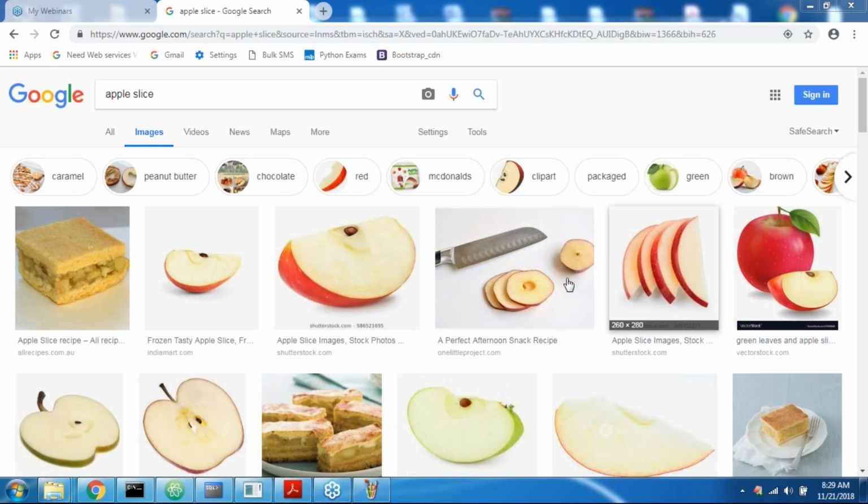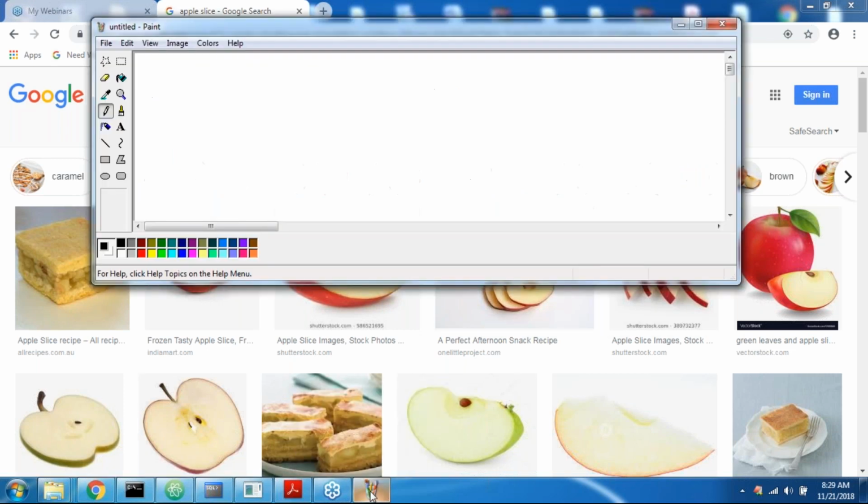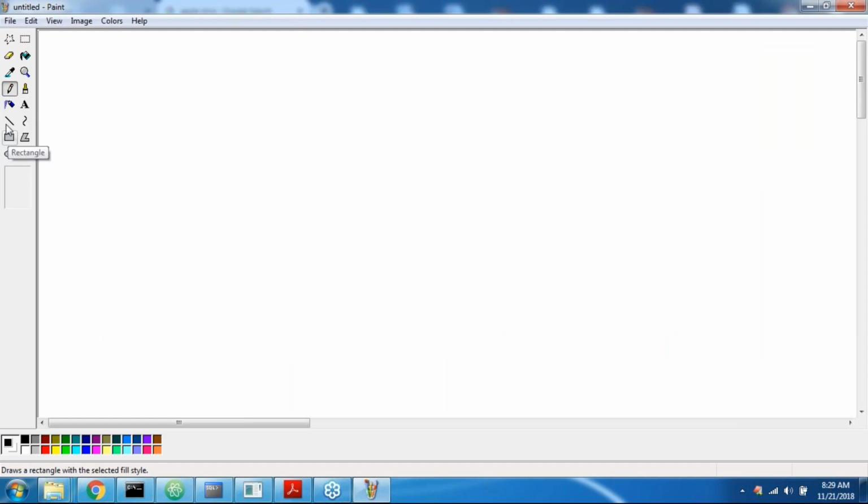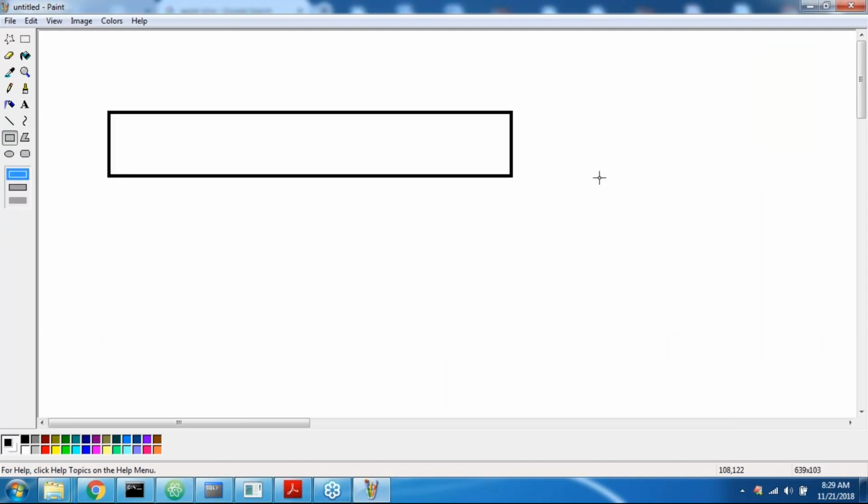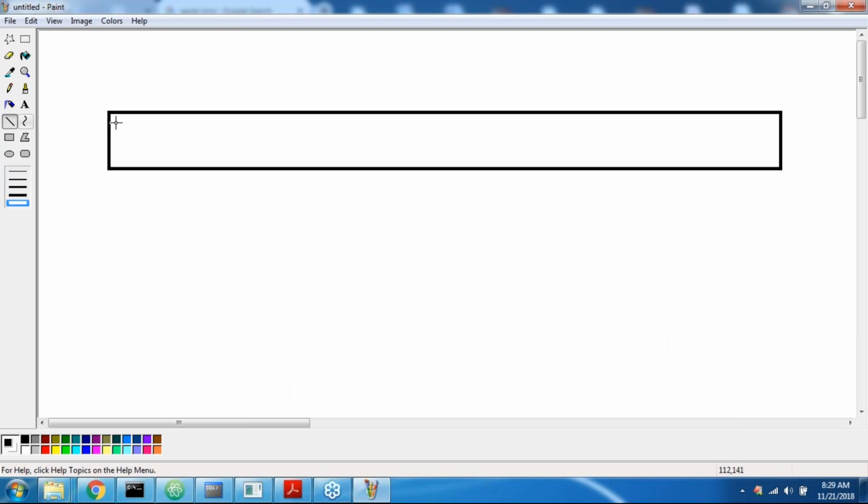Now, I have one string. Assume that a big string is there with me, and there are multiple characters in this string. Now I want a piece, a slice of that.